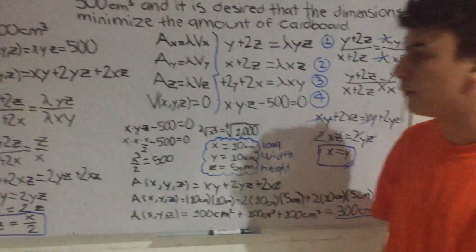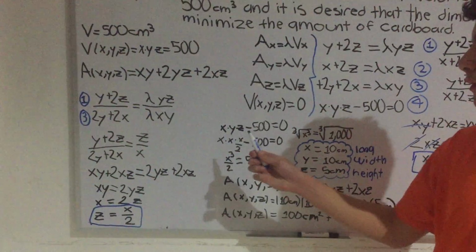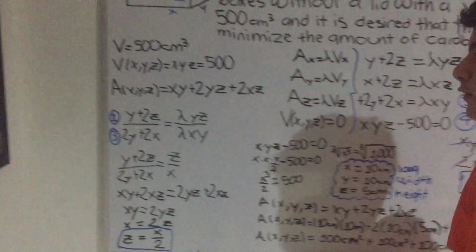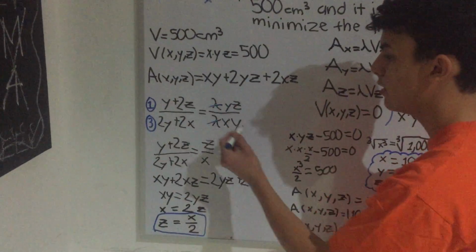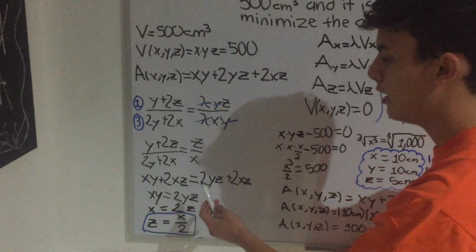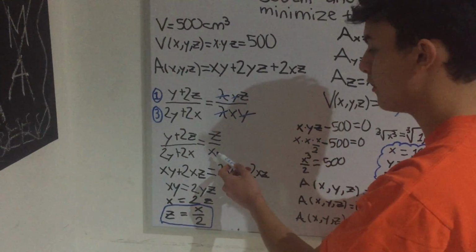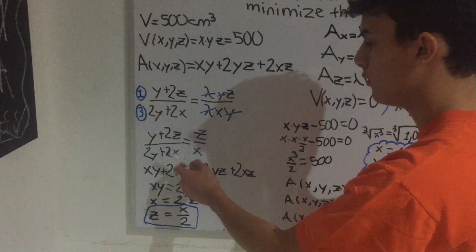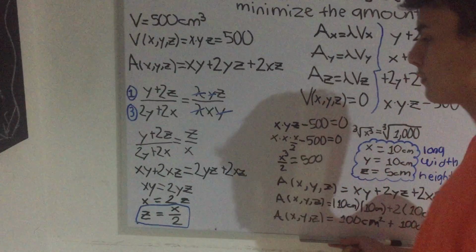So now the first equation is going to be divided by the third. So I can cancel lambda, I can cancel the y, and we have this. And if I pass this to the other side, it's going to multiply this, and if I pass this to the other side, it's going to multiply c.